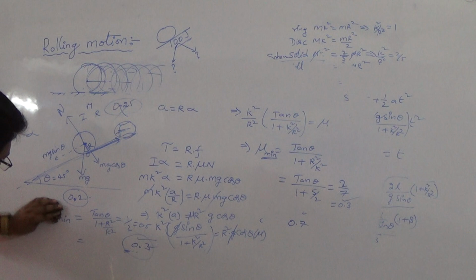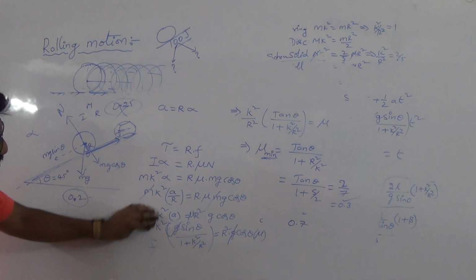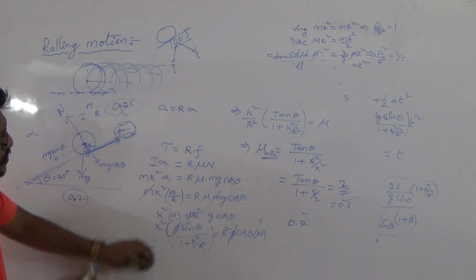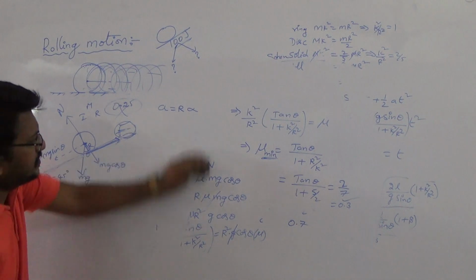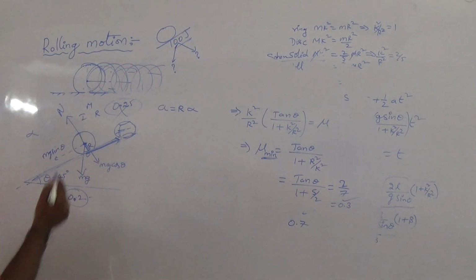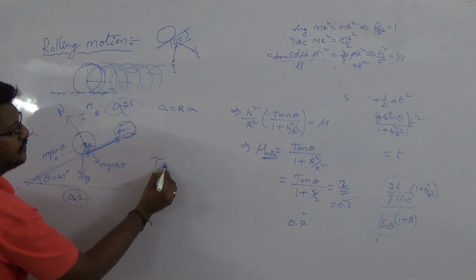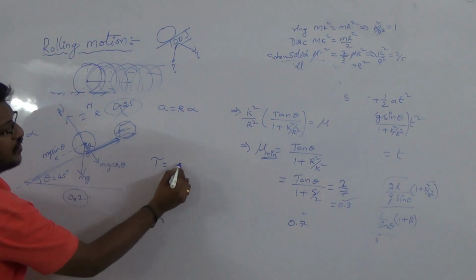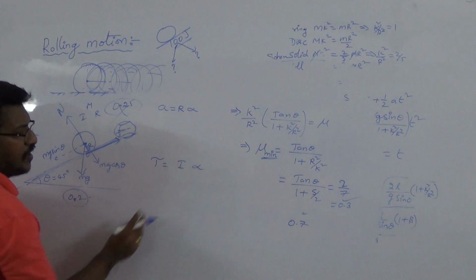What is the torque acting on this? We get tau equal to I alpha. From that we also get another concept. Torque tau equal to I alpha.